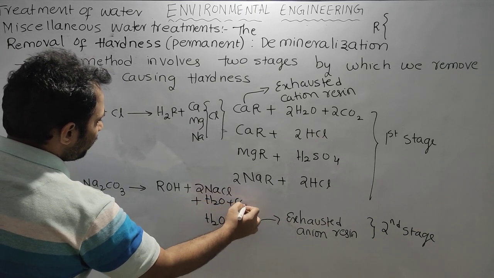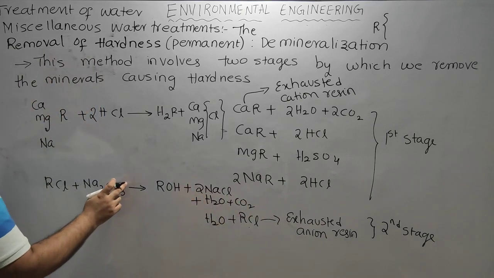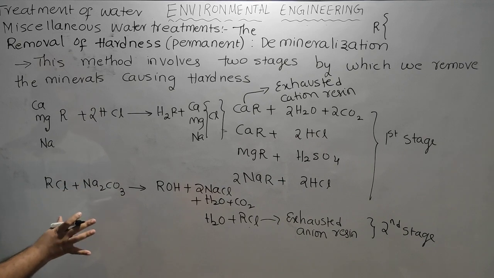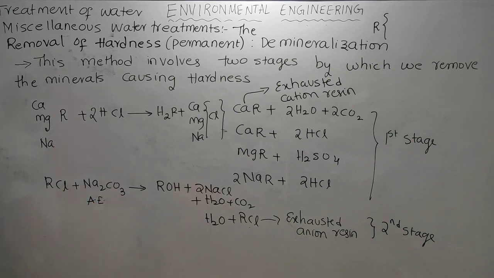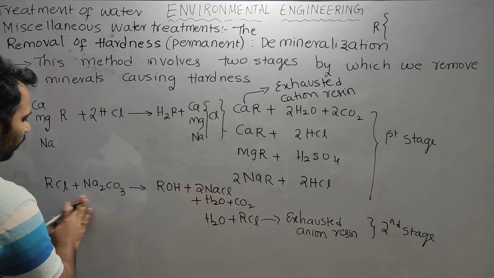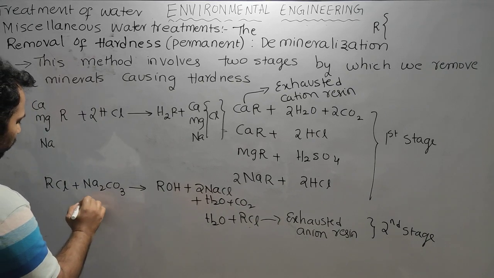This is not a complete reaction. Actually there will be something on the reactant side, but that is not necessary. The only thing necessary is the resin. This is the anion exchange regeneration. To regenerate the anion exchange resin, we have to add sodium carbonate, Na2CO3.